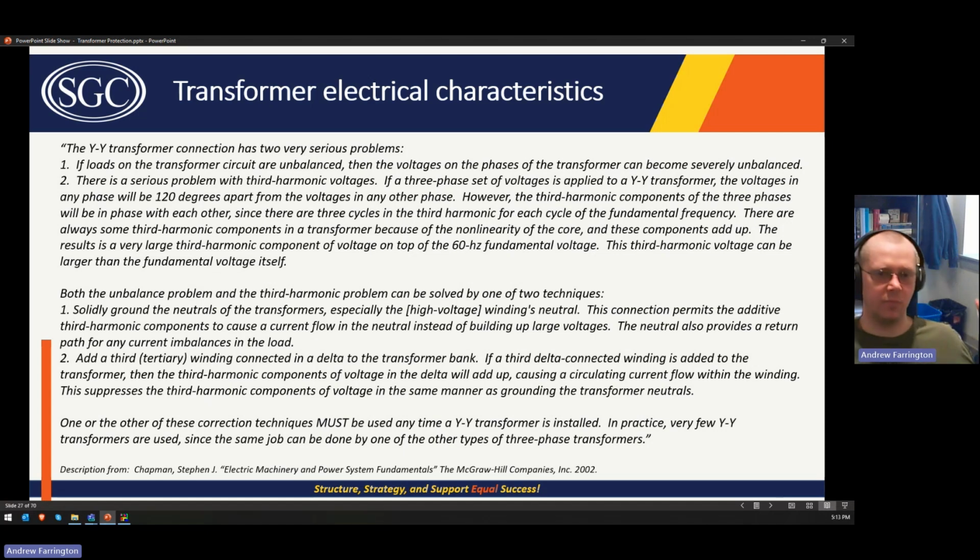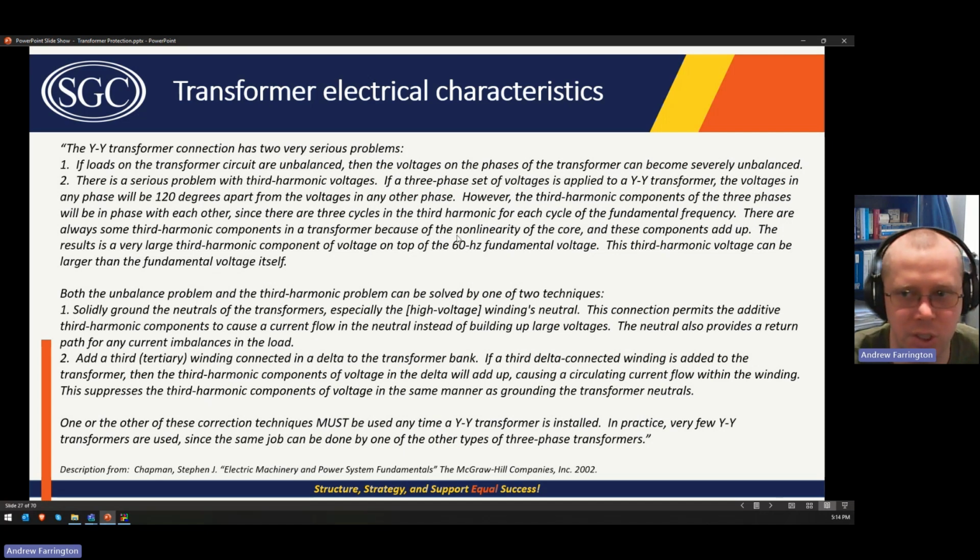If the transformer is a normal balanced load, all of the individual phase currents are 120 degrees out of phase, obviously. But the third harmonics, because they repeat 3 times every primary cycle, are actually in phase, and they tend to build up, and so those third harmonic voltages could get excessively high, and that's a real problem.